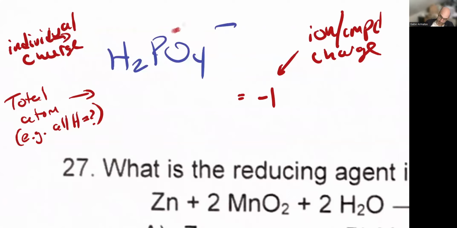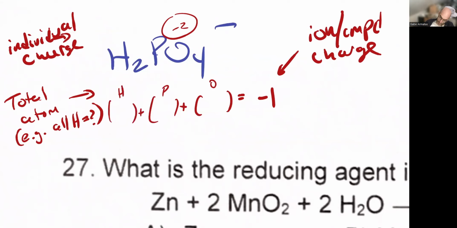I know that oxygen is going to be -2. So I have 4 oxygens. So there's my oxygen plus my phosphorus plus my hydrogen. So I know that I have 4 oxygens at a -2 charge. So the total charge for all of the oxygen is -8.